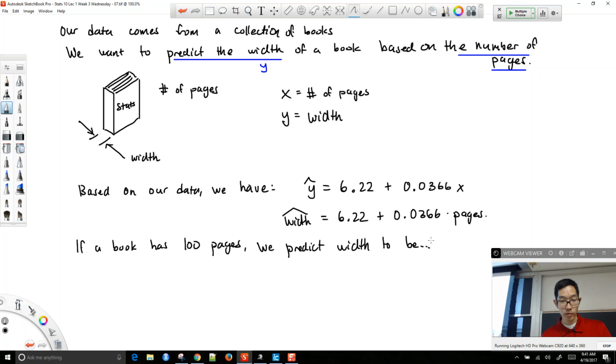Okay, so A, B, and C, so we'll say 3.66, we'll have 6.2566, 9.8, and 586.